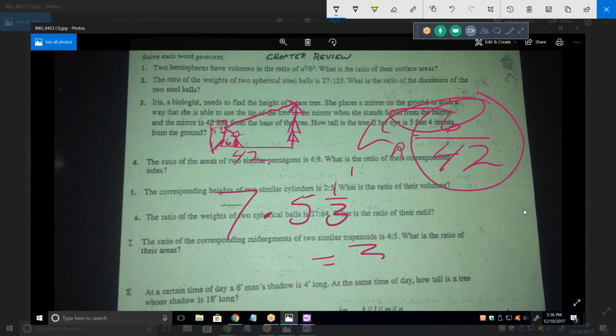That is 37 1/3 feet. That's the height of the tree. Because everything's linear. This is not a case of comparing linear to area or volume ratios. This is strictly linear.